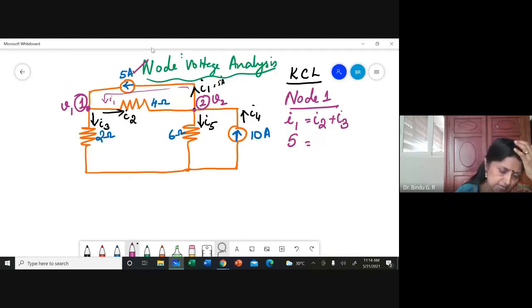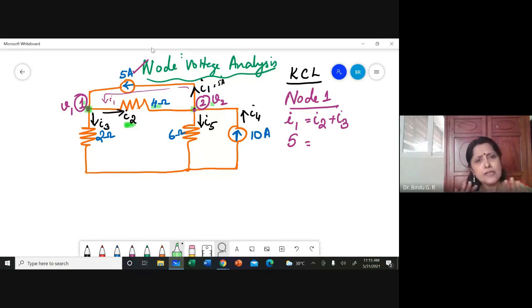All of you should listen, I'll give you time to write. What is I2? I2 is a current flowing from node 1 to node 2 through the 4 ohm resistor. So which is at higher potential? V1 is at higher potential, V2 is at a lower potential. That is why current is flowing from node 1 to node 2.